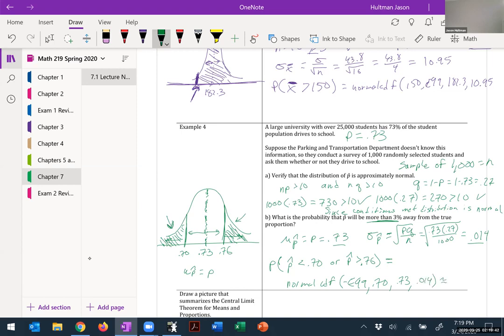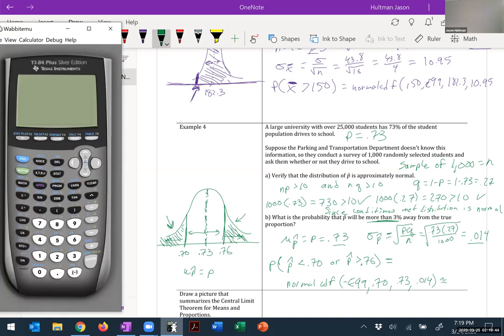Let's go to the calculator. Second VARS, normal CDF. The lower I want as negative E99, using second comma for the E. The upper I want as 0.70.